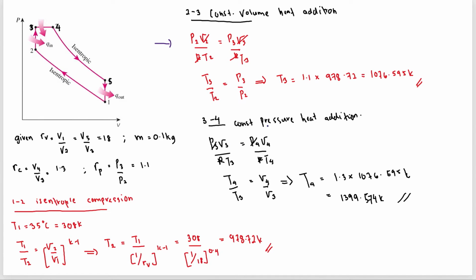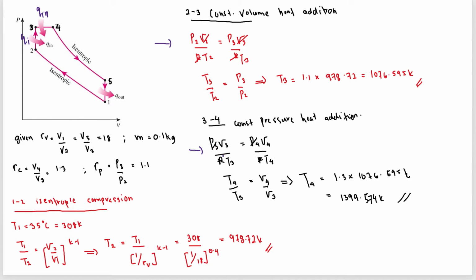Okay, next we go to 3 to 4. This is constant pressure heat addition. So we have two heat additions here. One is at 2 to 3 and one is 3 to 4, constant volume and constant pressure. That is why we call it a dual cycle. For 3 to 4, we use the ideal gas equation relating state 3 and state 4.